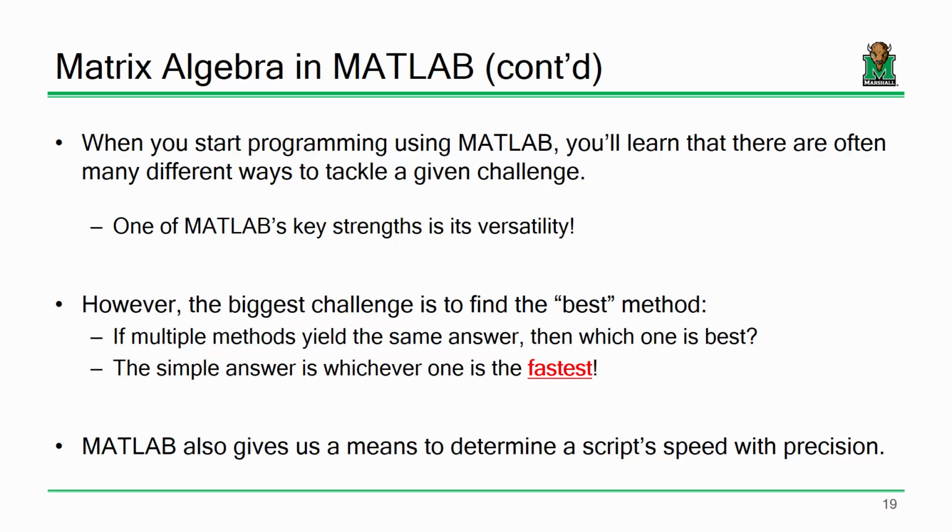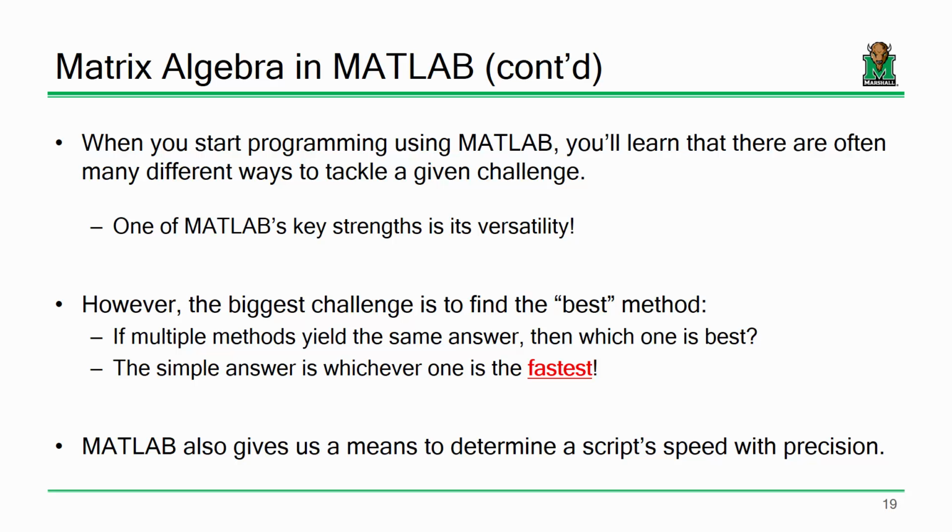In other words, I just did 3 different solution strategies and got the same answer. Now, if you were writing a program, which one should you use? I don't know. How would you determine that? What's a good way of determining what's the best way? Well, if they're all yielding the same answer, I would propose that the best one is the one that gives you the fastest answer, right?